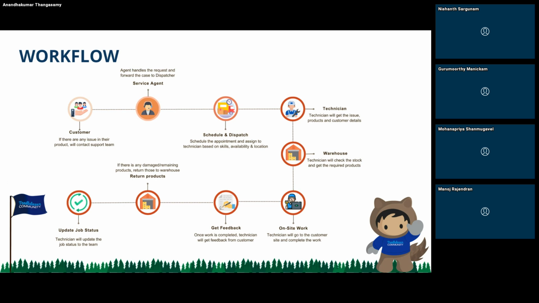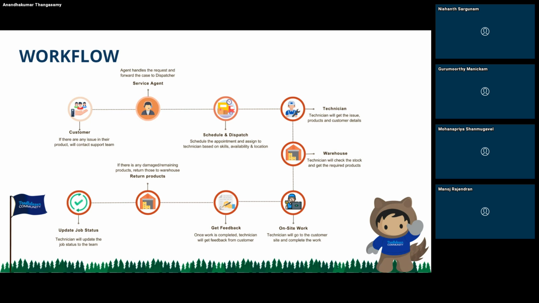That service resource should be the perfect candidate for that appointment. So some factors will be considered here, like the skills of the service resource, the availability of the resource, and then the location of the customer and the resource, by considering the traveling time. The location of the customer and the technician, both will be considered.